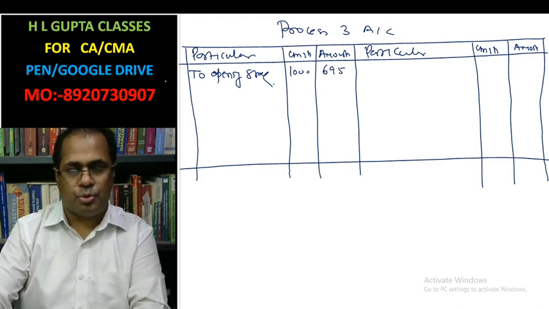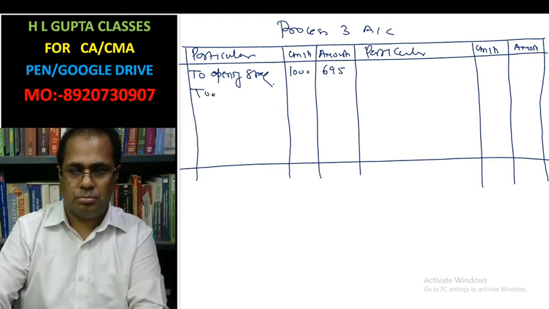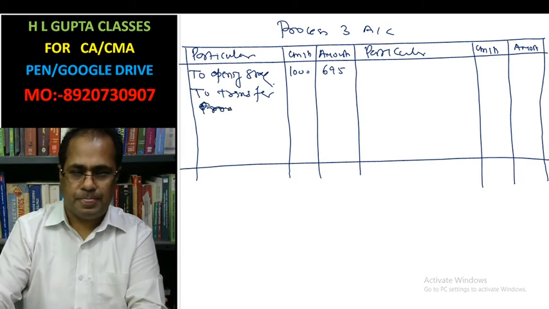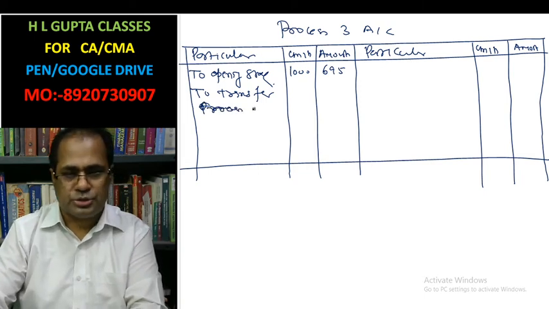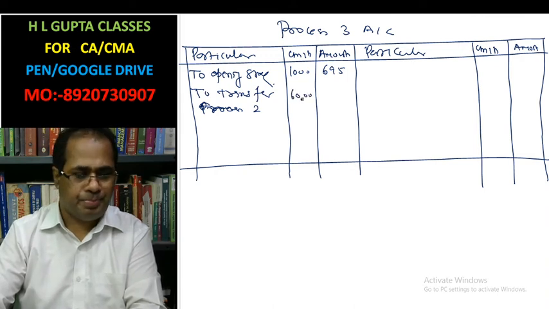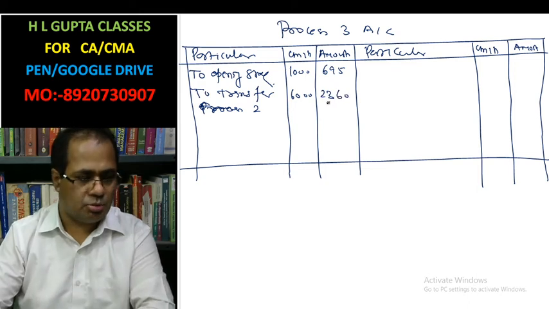To transfer from process 2, 6000 units, and its cost is 2360.